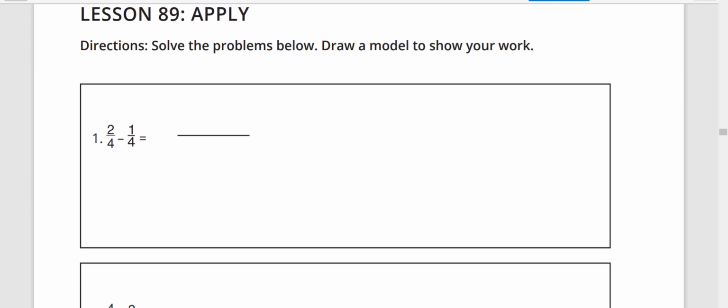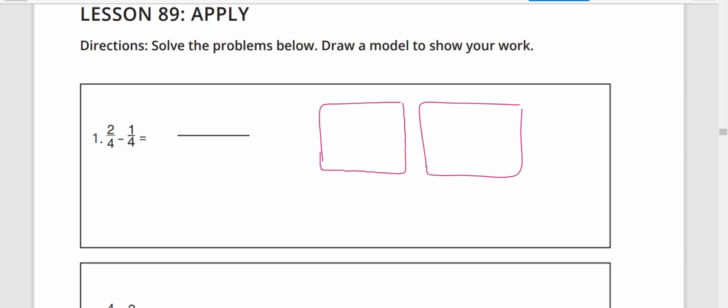Solve the problems below. Draw a model to show your work. Exercise number 1: 2/4 minus 1/4 equals what? First, draw the two fractions on the model. Divide each model into 4 equal parts.